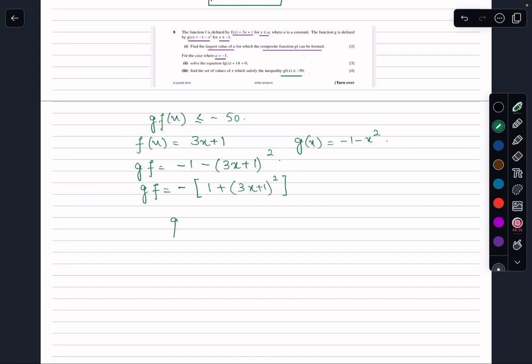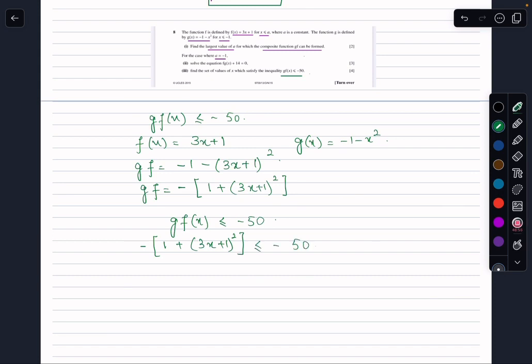So g of f of x is less than or equal to minus 50. Substituting g of f, we have a negative, 1 plus (3x plus 1) the whole square, which is less than or equal to negative 50.